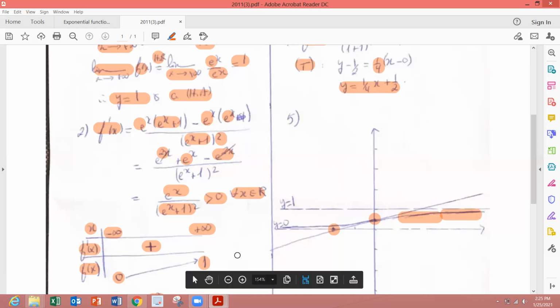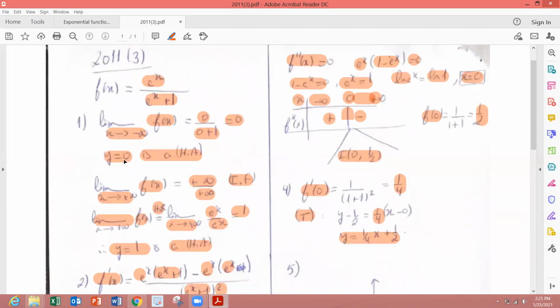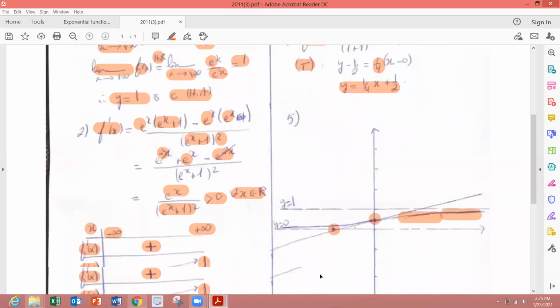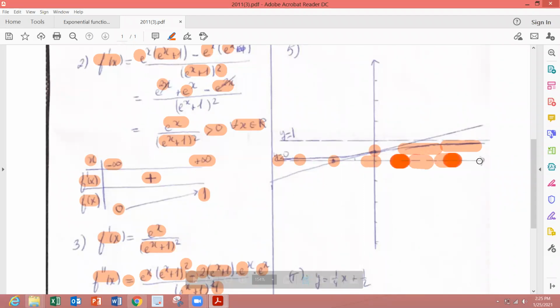These y equal 1 and y equal 0 are the horizontal asymptotes we found above. So we draw the asymptotes first. Y equal to 0 is the x-axis, and this is y equal 1, the second horizontal asymptote.